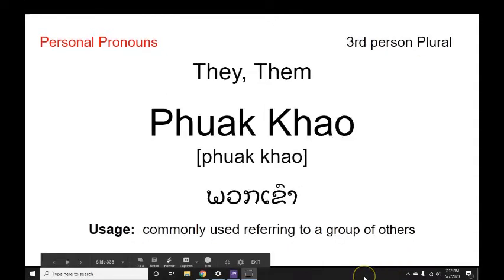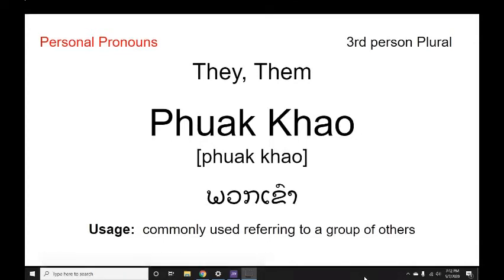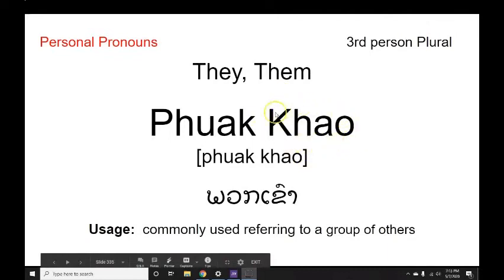Okay, then there's a way of referring to they. Okay, so many of he or she, right, in a formal way. Remember that? So it was cow, he or she, but now we have puak cow. Now, earlier we learned puak how, but now we're learning puak cow.